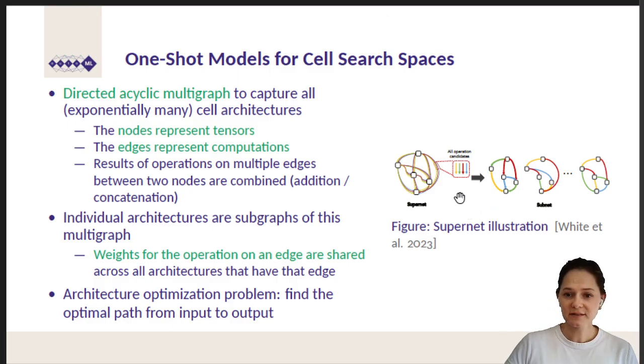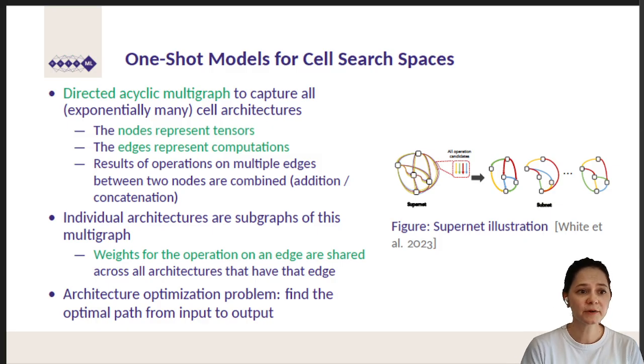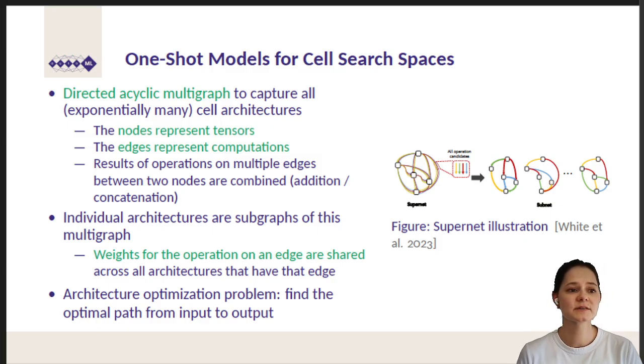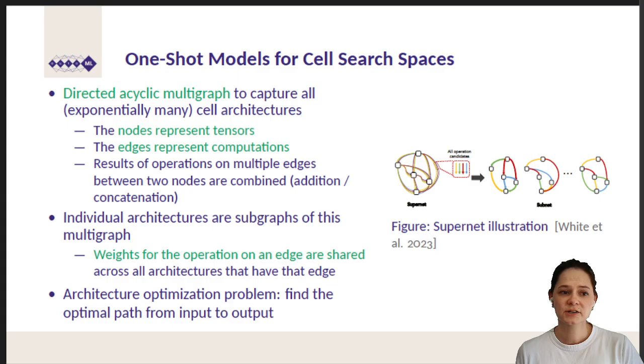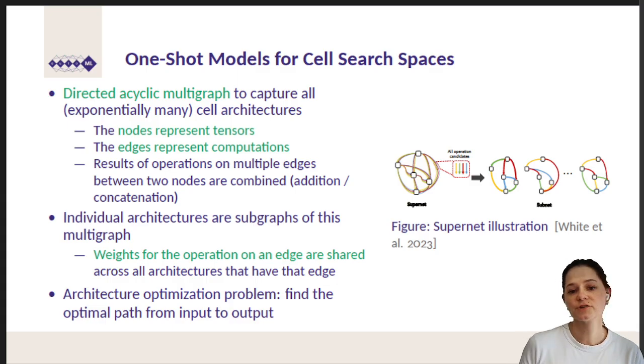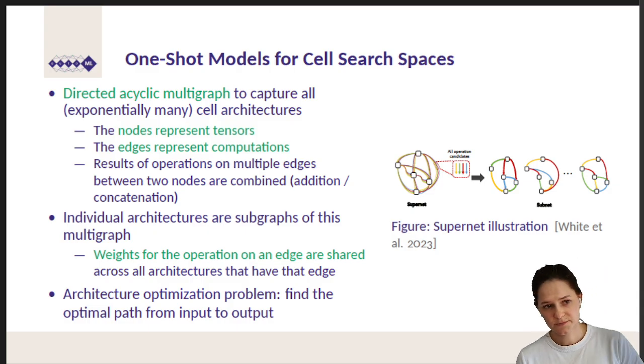So we can see here our overall super network with several edges connecting these two nodes with each other. And our subnetwork is one directed acyclic graph, meaning we have no multigraph anymore, therefore having only one edge connecting these two operations with each other. And very important in a one-shot method is that we train an architecture that shares layers with another architecture, and you share the weights and train all at once.